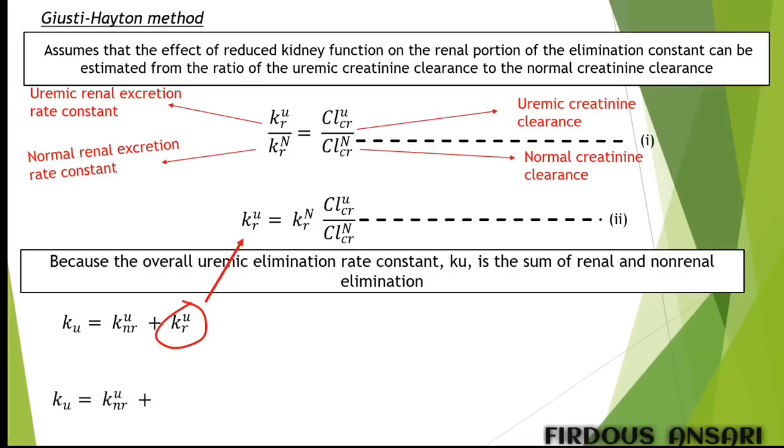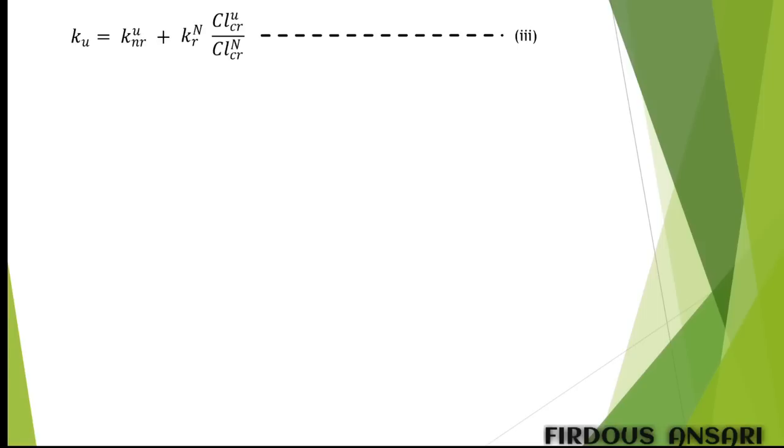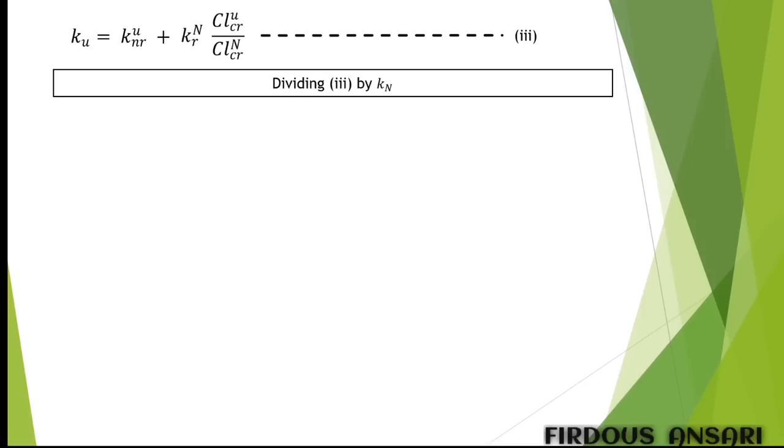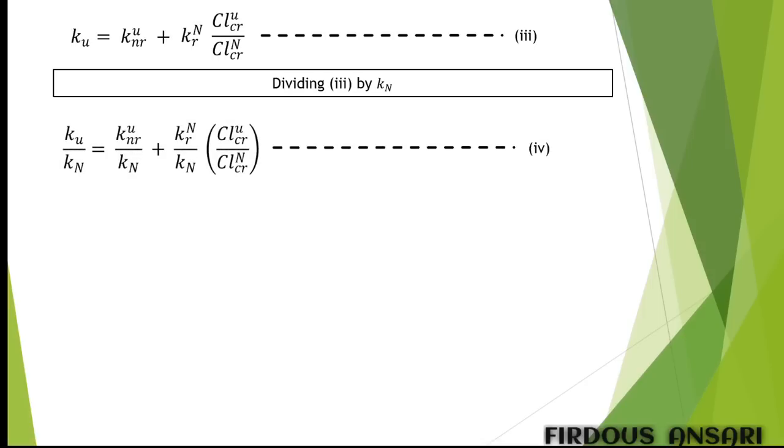So you can rewrite it as Ku, the elimination rate constant in uremic patient, equals the non-renal elimination rate constant in uremic patient plus this value. Let this be equation number 3. Now, in continuation with equation 3, dividing equation 3 by Kn, you can write it in this manner. Let it be equation number 4.